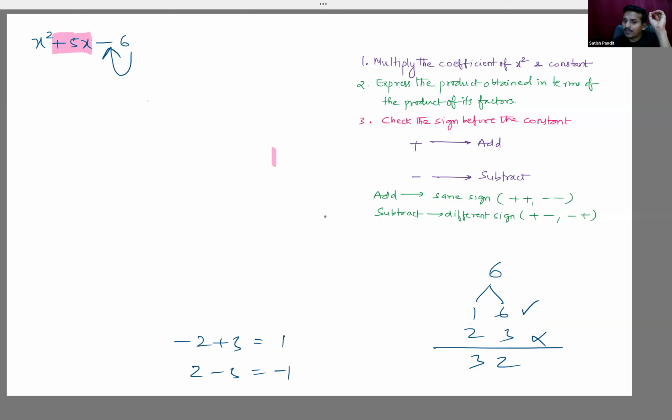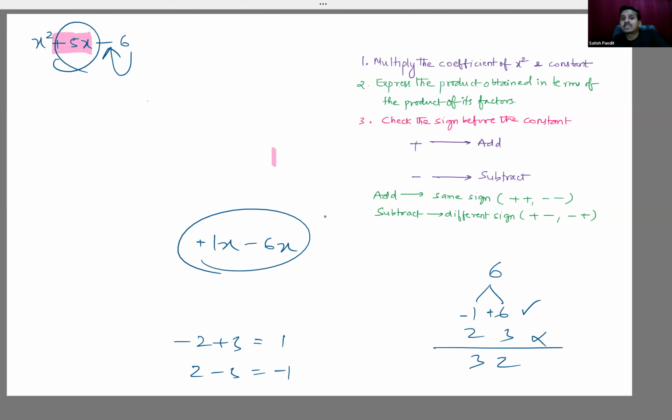That means this is the only pair we have to select. And while selecting this pair, also be very, very careful. We need the answer as plus 5x, right? And how will plus come? When the larger number is positive. Why? Because during subtraction, we always put the sign of the larger number. So minus 1x plus 6x will give plus 5x. And some people, because they don't know the concept, will write 1x minus 6x. But 1x minus 6x will give minus 5x, right?